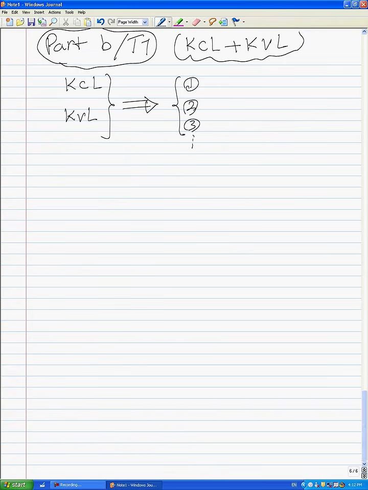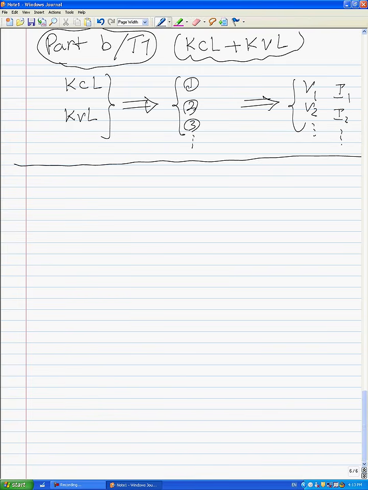And after solving these equations, we can find the unknowns, for example, all of the voltages V1, V2, and all of the currents I1, I2, and so on.